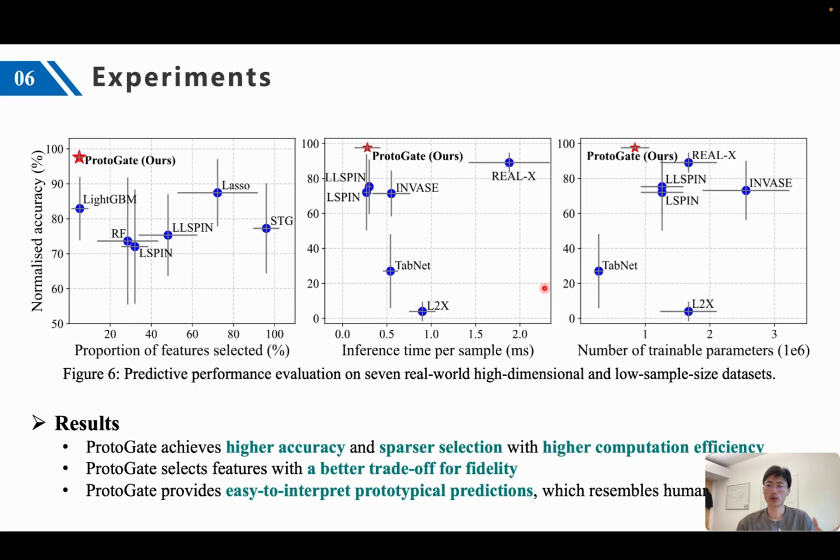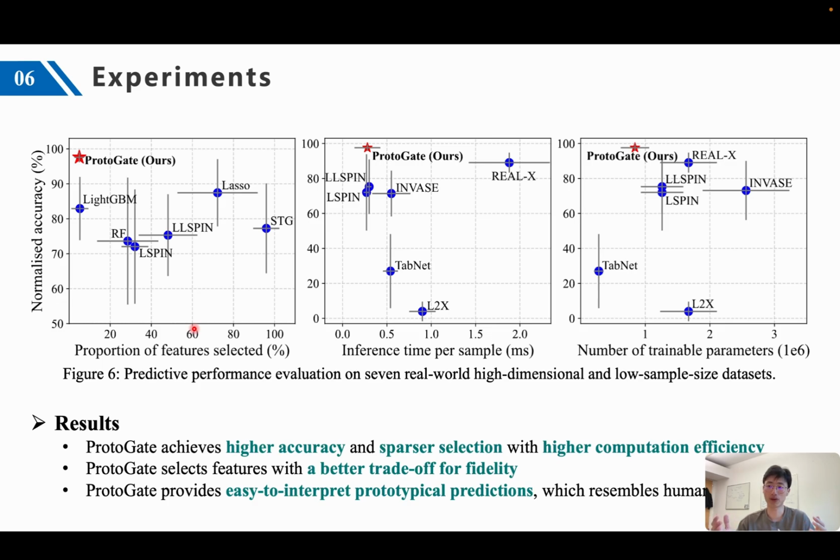Next, we detail how we evaluate the effectiveness of ProtoGate. Firstly, on the real-world datasets, we evaluate four aspects of ProtoGate, including accuracy, this is classification accuracy, and also the feature selection sparsity, speed, and model size. So in the first figure, we want the model to have high accuracy as well as fewer features selected. For instance, if we are given 5,000 features and we select 4,000 for accurate predictions, accuracy is good, but 4,000 features is still too hard for humans to understand.